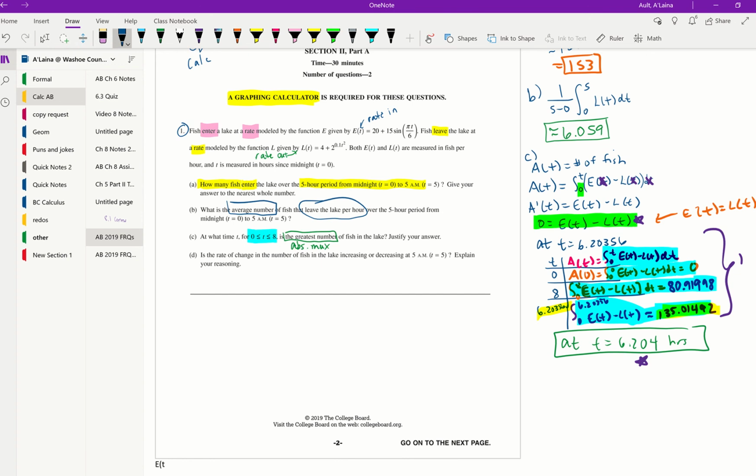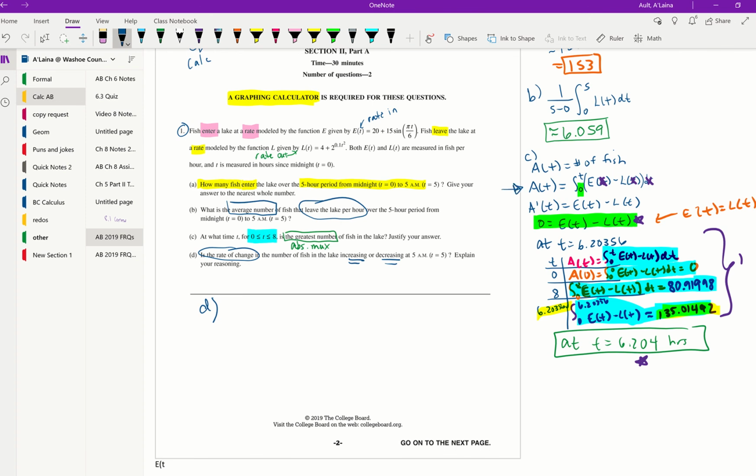Part D. Is the rate of change, that's language for a derivative, in the number of fish increasing or decreasing at 5 a.m.? Well, rate of change of the number of fish. Remember how earlier we said the number of fish is right here?